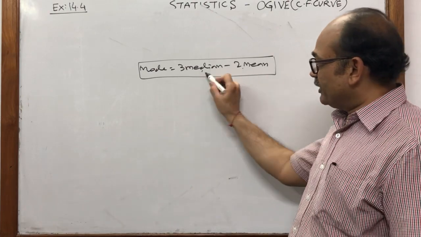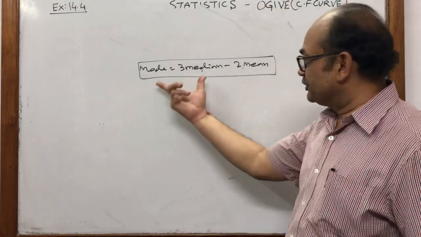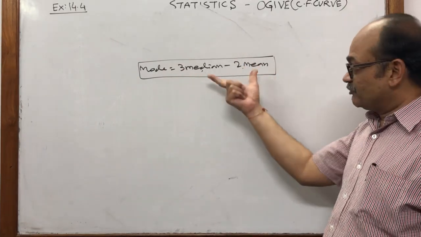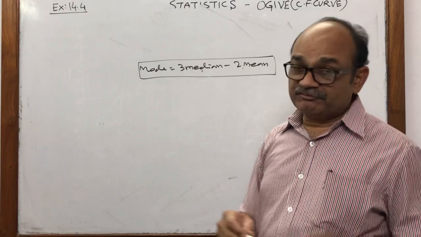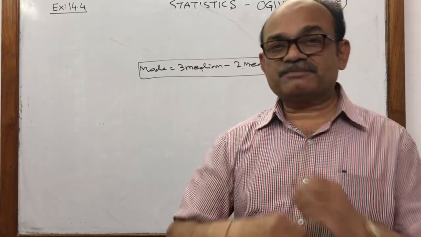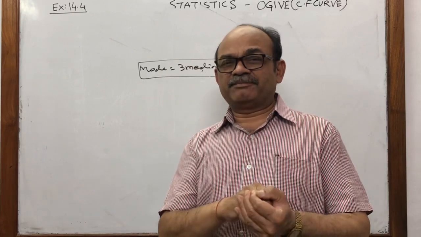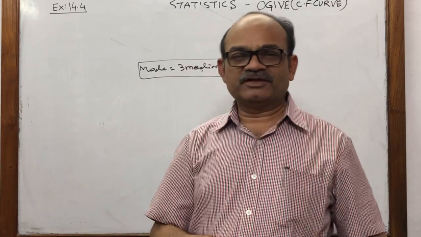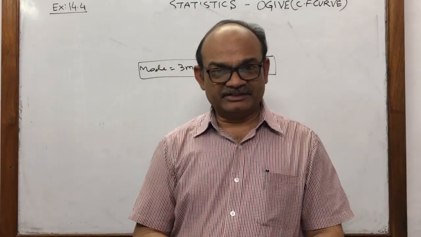It means if you know any two, you can calculate the third one. If you know these two, you can calculate mean. If you know these two, you can calculate mode. Easy. But only if it is asked, अपने आप से नहीं करना है, हमेशा ये यूज करने लगे. If they say use empirical formula to calculate the third one, then only. Otherwise, you have to calculate by the long method by tabulation.